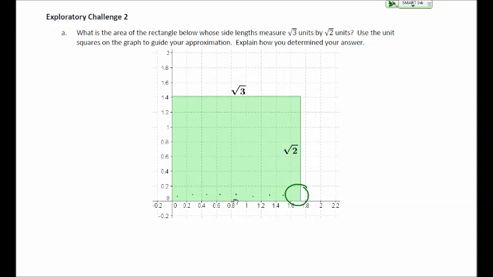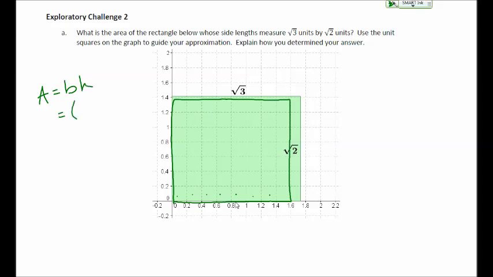So one option is that we can count a lower bound, meaning I know that it's more than this number, and this rectangle's area is base times height. It's a rectangle, 1.6 times 1.4, which is 2.24 square units.